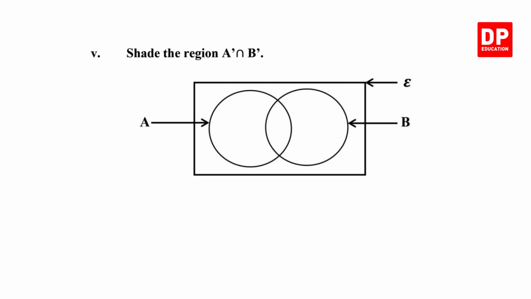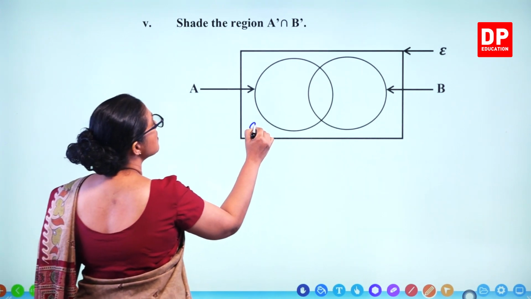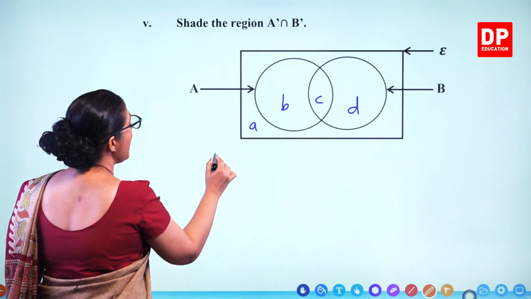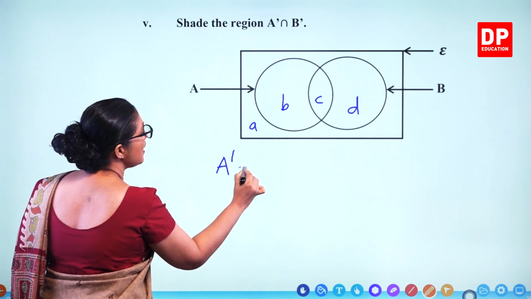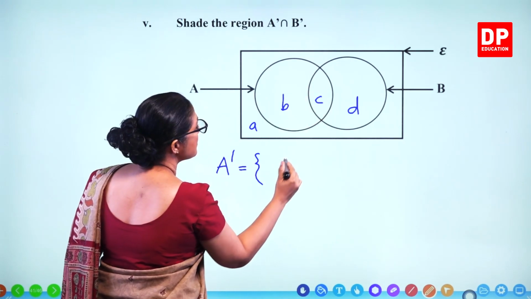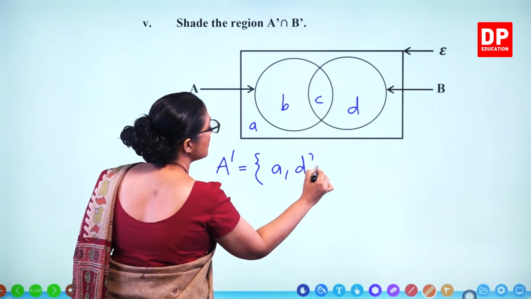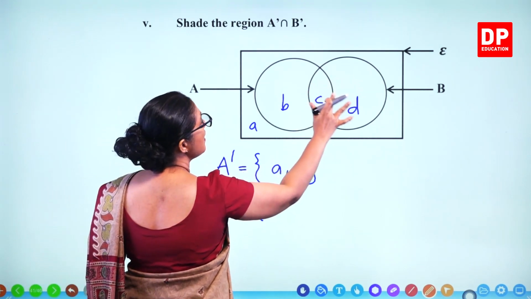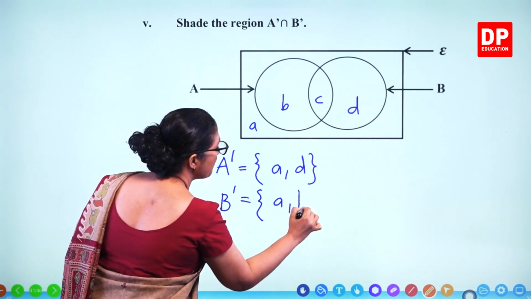shade the region A dash intersection B dash. So we'll put letters here. So A dash. A dash means everything outside A. That's A and D. What's B dash? Everything outside B. That's AB.